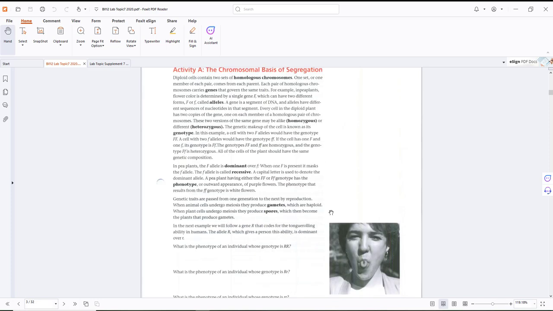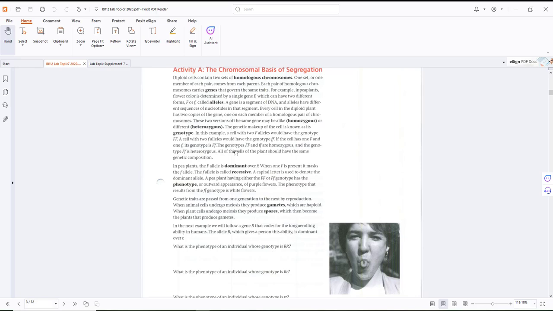And then, when we go over it, what's a homologous chromosome versus homozygous versus heterozygous? Think about how some of these terms sound similar to each other.